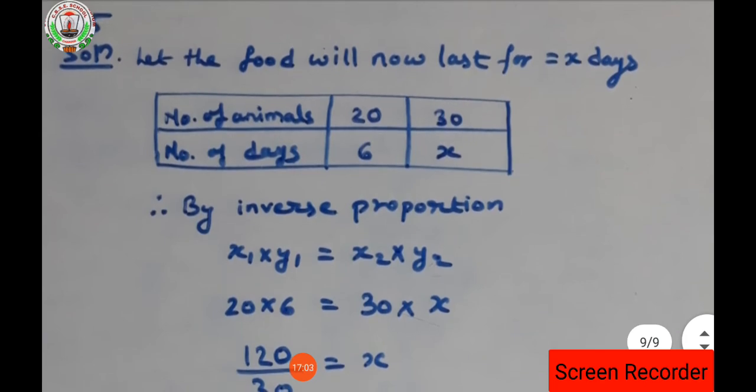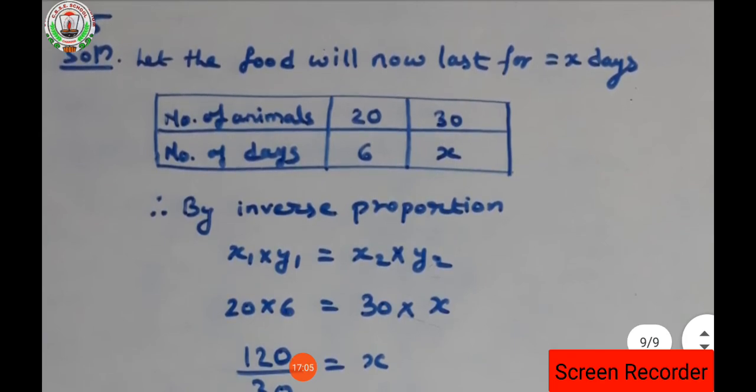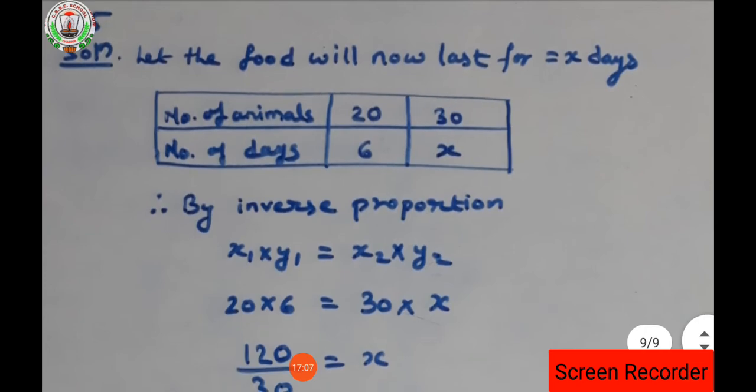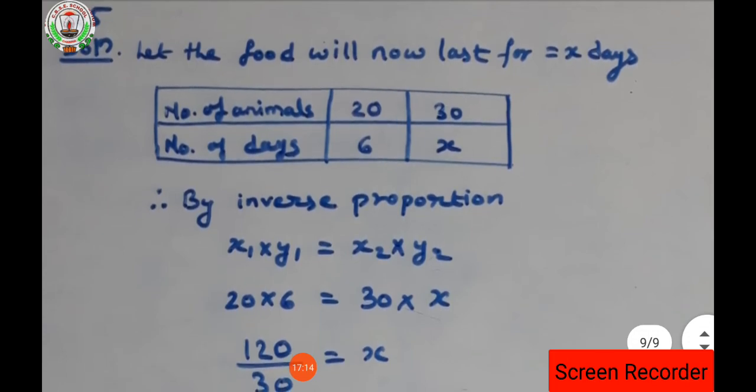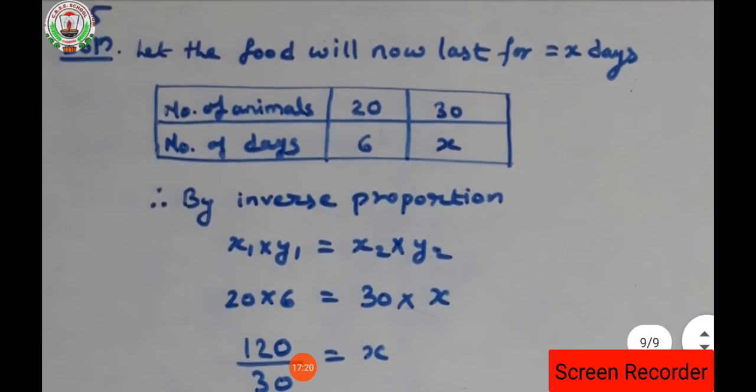In table form, the number of animals is 20, and the number of days is 6. If 10 more animals are added, then 20 plus 10 is 30. For that, the number of days we considered as x. So that x value we have to find.